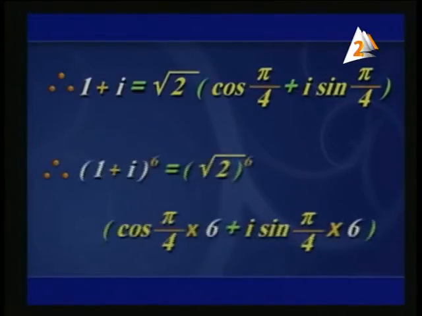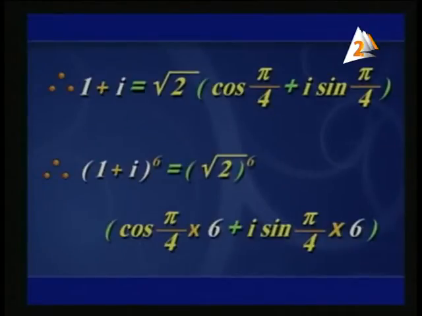Then (1 plus i) all to the power 6 equals (root 2) to the power 6 times (cosine (pi over 4 times 6) plus i sine (pi over 4 times 6)).